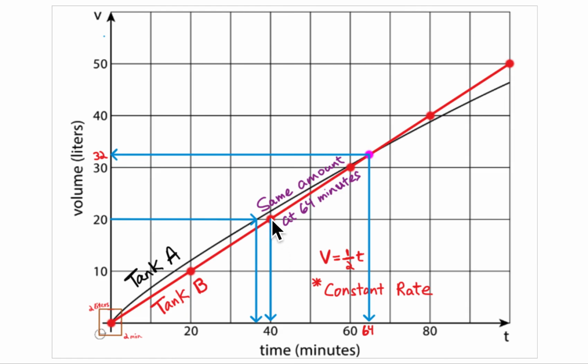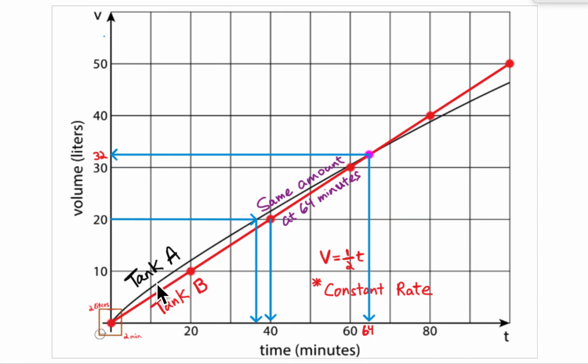So just 4 minutes longer, and tank B has the same amount as tank A. So that's not very much longer. And so if you look at this curve, right in here, they're going at about the same speed, or the same rate.